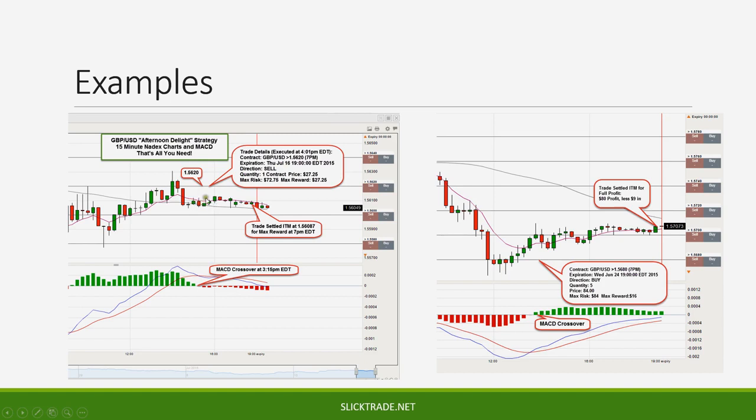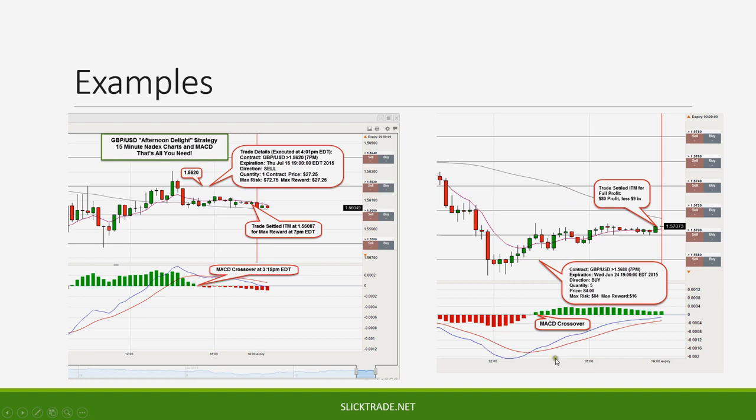Since it was a crossover to the downside, you'd be selling. We had a high right here, so you'd grab a strike price that's above that. The strike that was available was 1.5620. He risks 72.75 for a max reward of 27.25. Then at 7 p.m., the trade settled in the money for the max reward of $27.25 per contract.